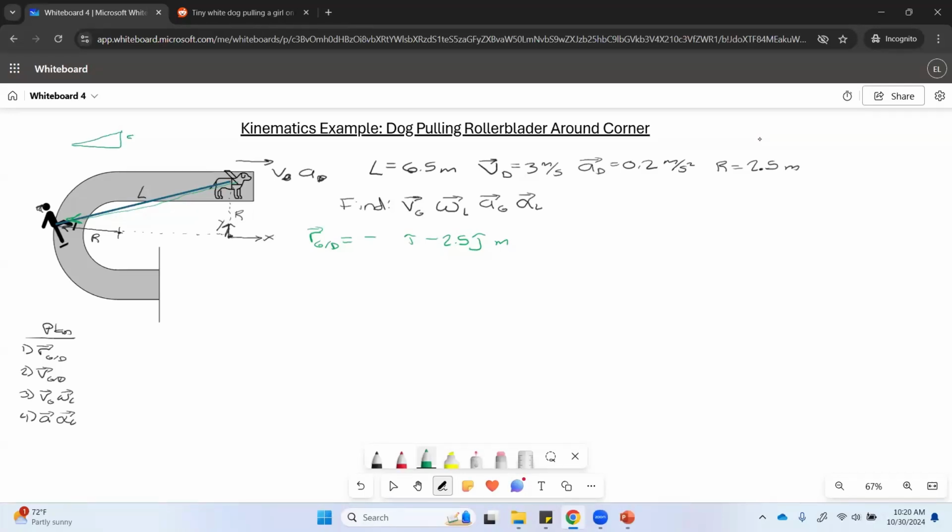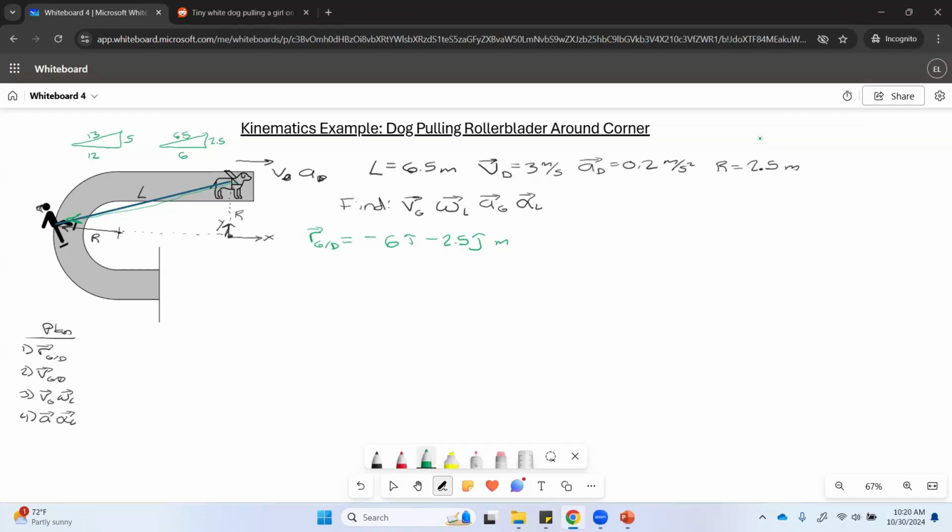So we have 5, 12, 13. And this one is analogous to it because we have 2.5 and 6.5. So this distance must be 6. Okay, so negative 6 I minus 2.5 J meters for R, G with respect to D.